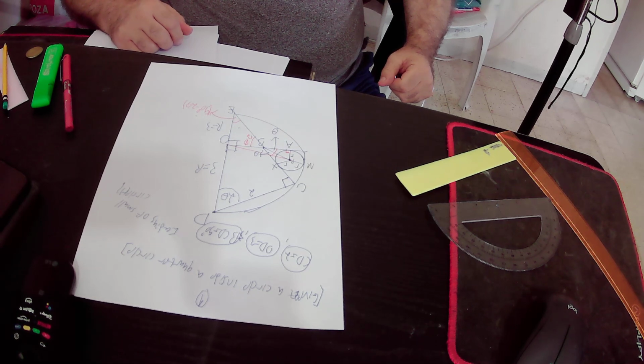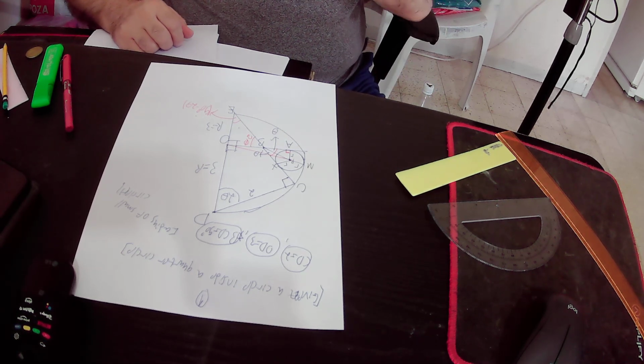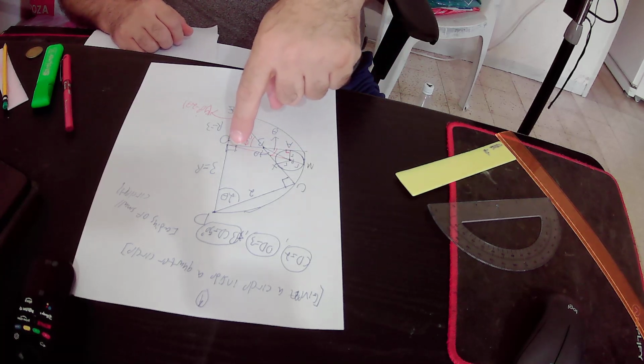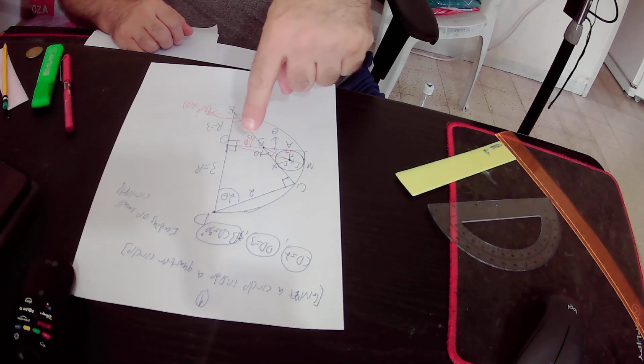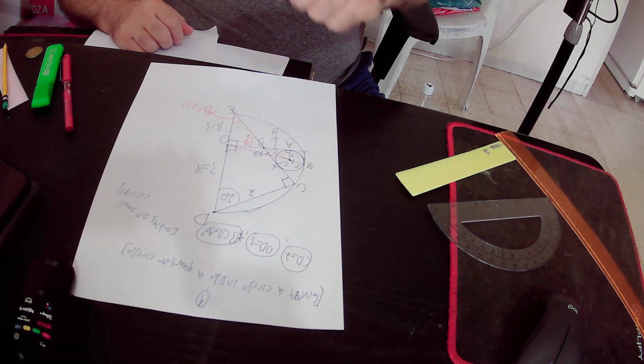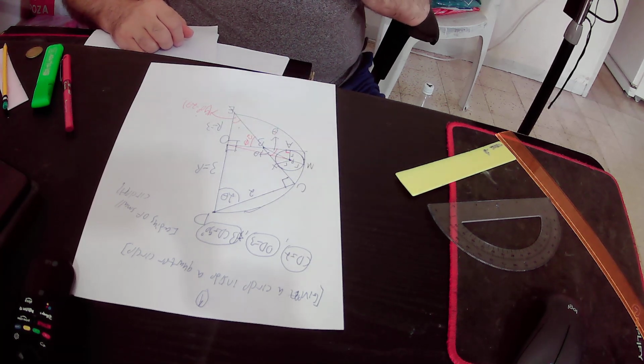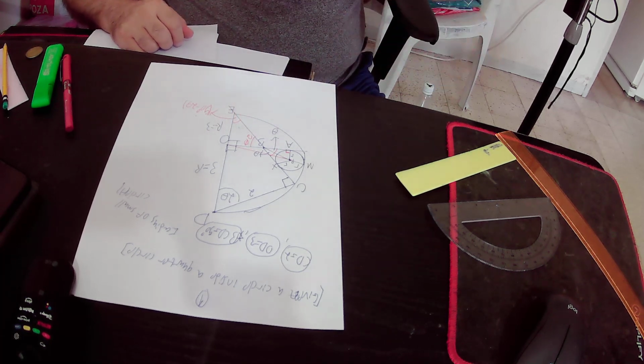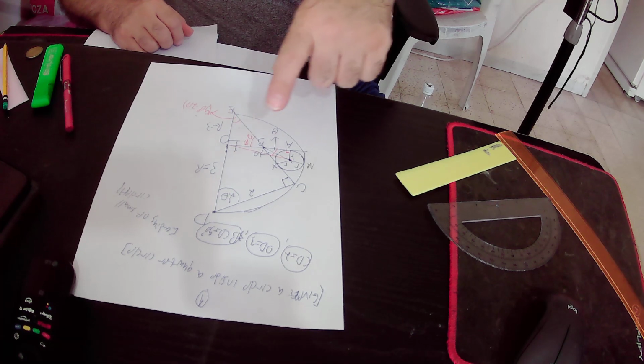Okay, and we also know that we have a quarter circle, therefore this angle DOB equals 90 degrees. And we also know that DE is a straight line, as a diameter of the circle is a straight line.